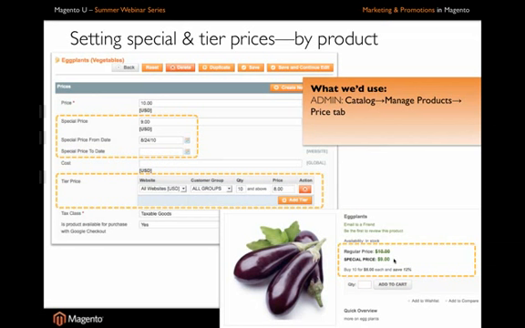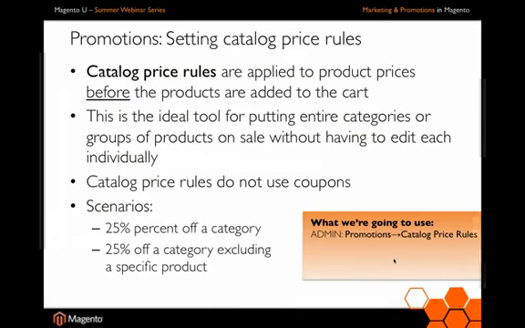But a lot of times what a lot of merchants are doing is discounting entire categories or subcategories, or a class of products that share an attribute that are all going to be on sale for seasonal reasons, or because they've been discontinued products, or for whatever your business demands. So this is where catalog price rules really come in to save the day.